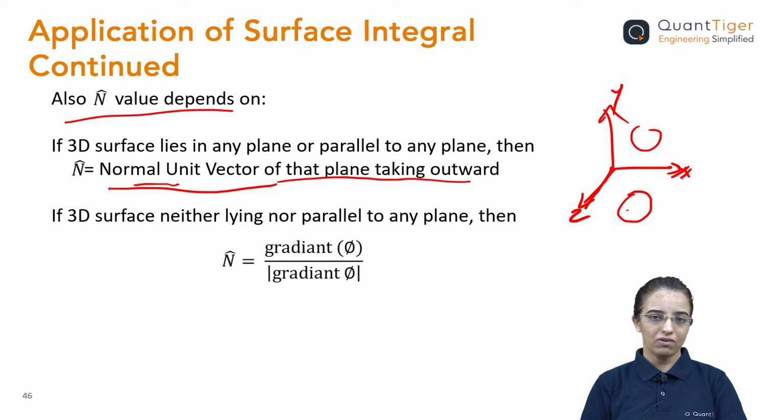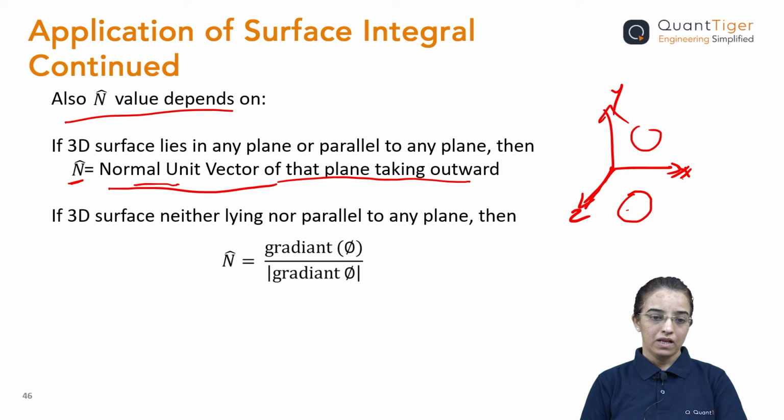For the xz plane, the perpendicular is the y axis, and the unit vector along the y axis is j cap. So n cap's value in that case will be j cap. This is how the value of the normal unit vector changes depending on the surface where it is lying.